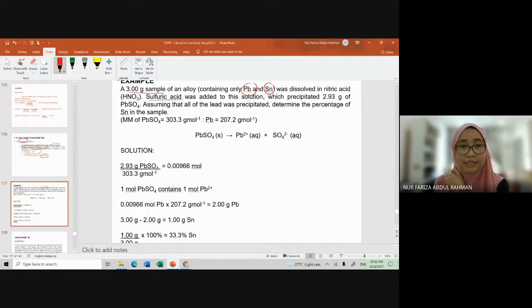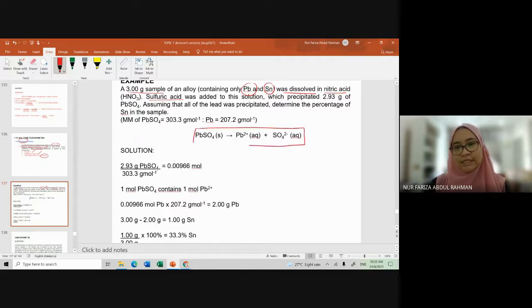They mentioned here 3 grams of an alloy was dissolved in nitric acid. Nitric acid is the solvent in this case. When it dissolves, it has a concentration involved. So how do you describe the concentration, and how do you link them?